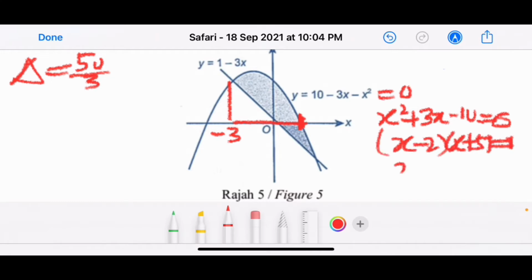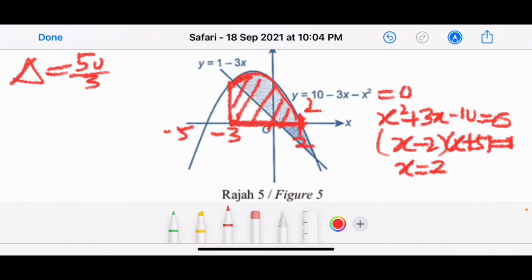There are 2, here is 2. Here will be negative 5, but I don't think we use negative 5. So that means we have to integrate from negative 3 to 2 for this curve. If we integrate, we get this area. Then later we have to subtract the triangle.